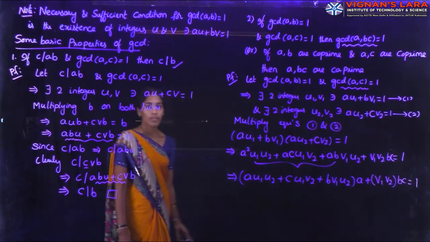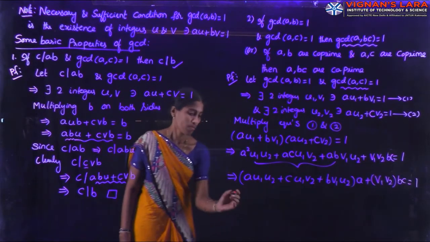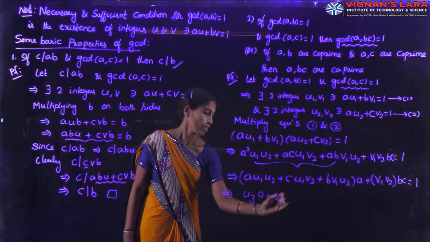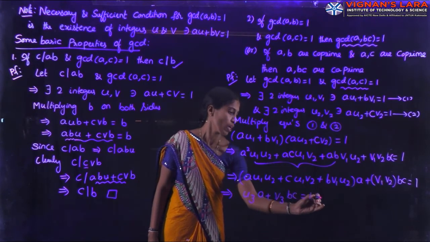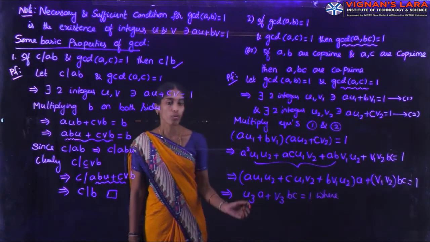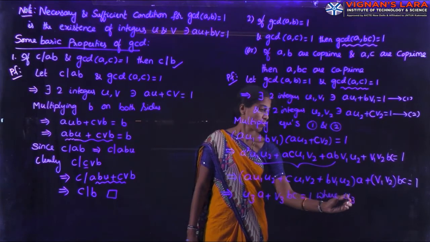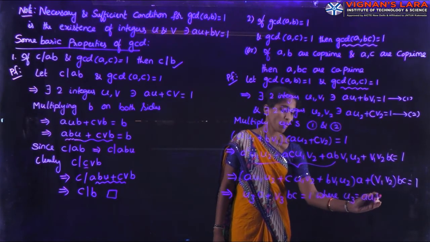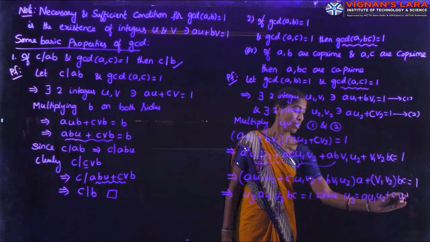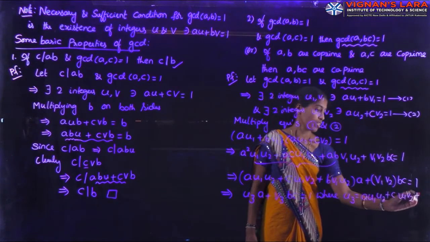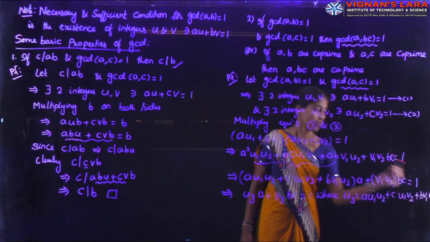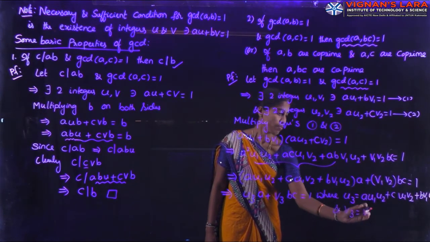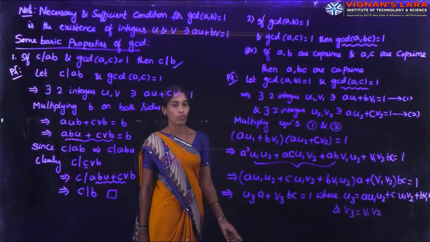So the first one, we can write it as U3 A plus V3 BC is equal to 1, where U3 is the first bracket inside term, A U1 U2 plus C U1 V2 plus B V1 U2, right? And V3 is V1 V2, right?